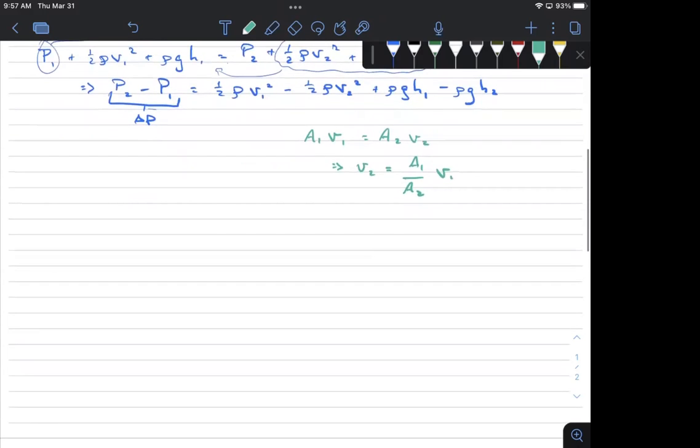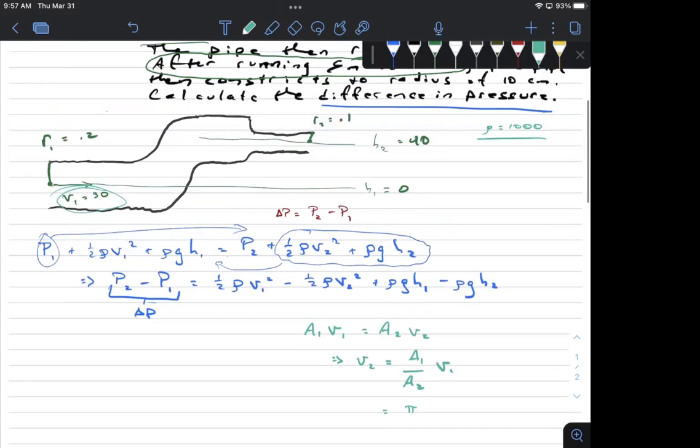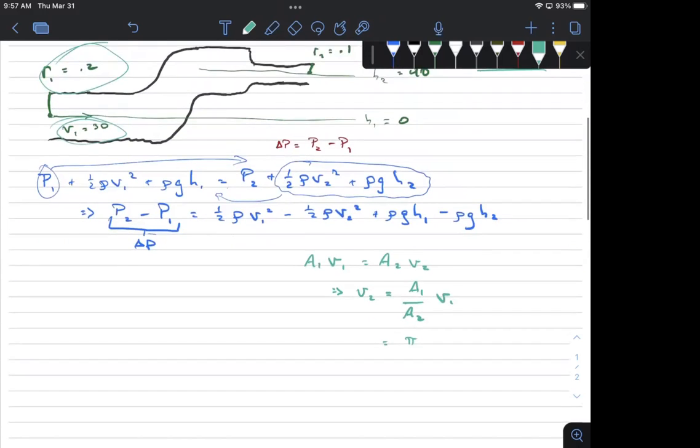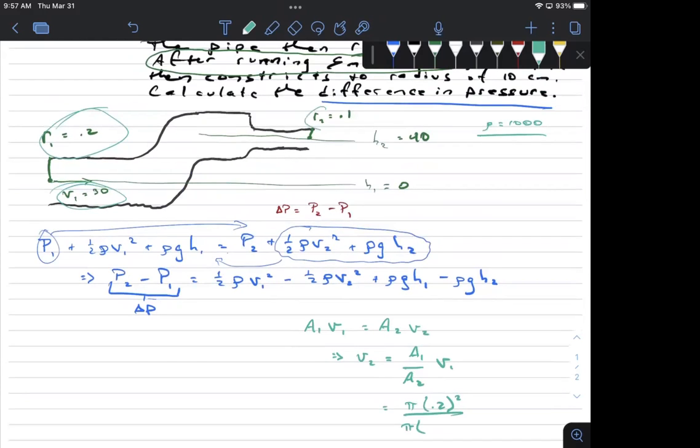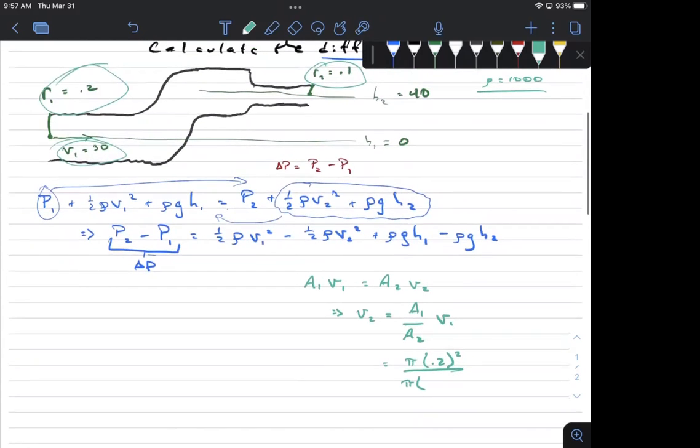All right, plugging my numbers in. A1, that's pi times R1 squared. Well, what was R1? R1 was given as 0.2 meters. So pi times 0.2 squared. That's A1. Divided by A2, which is pi times R2 squared. And R2 is given as 0.1.